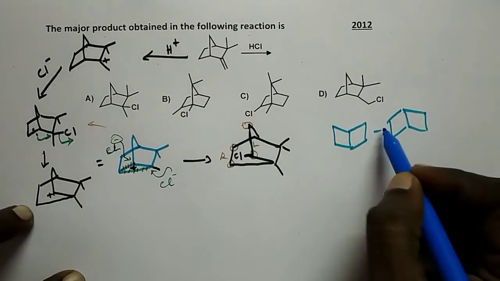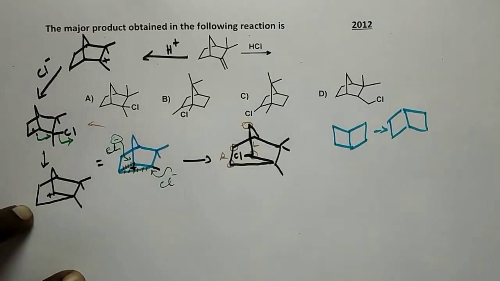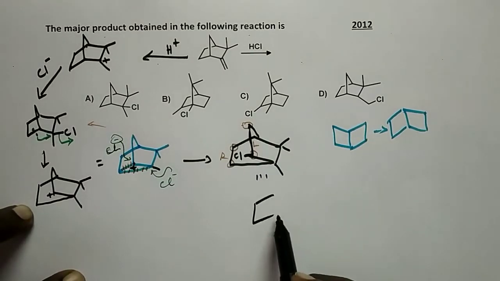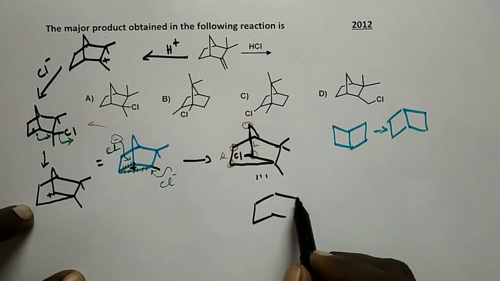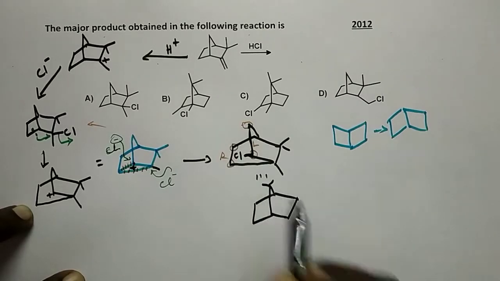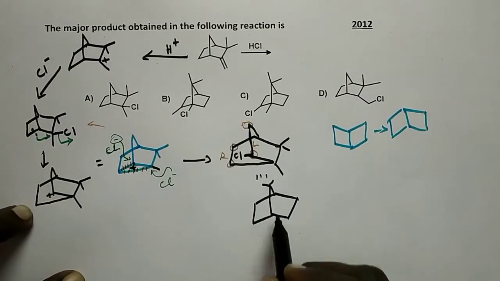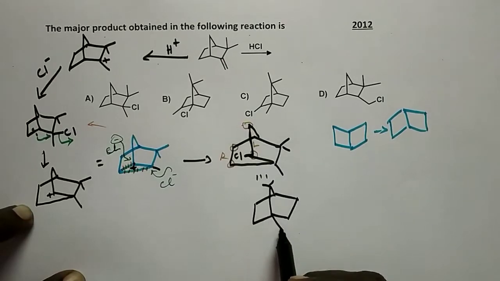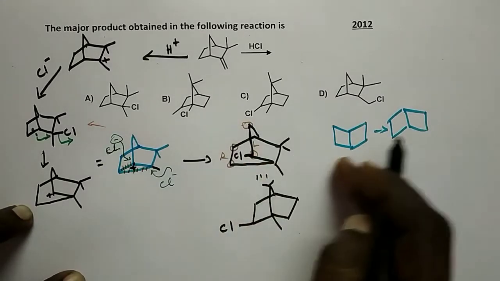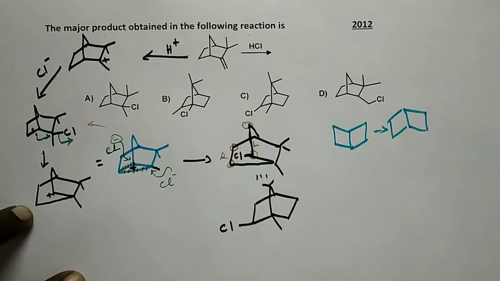Now you have tilted upside down. In the same way, if you tilt this one as you tilted this book, you will get this compound. Where is this compound? Yes, option C. C is the answer.